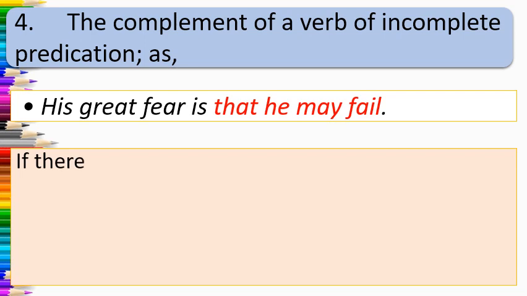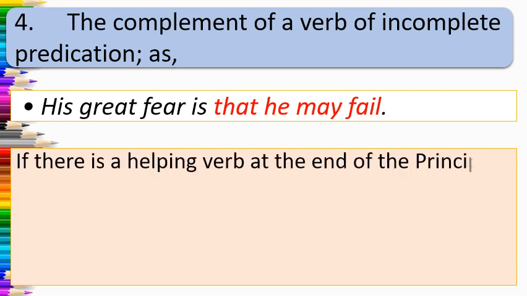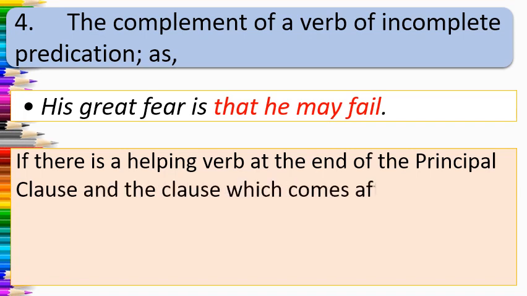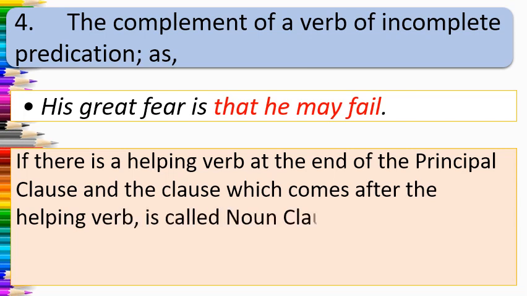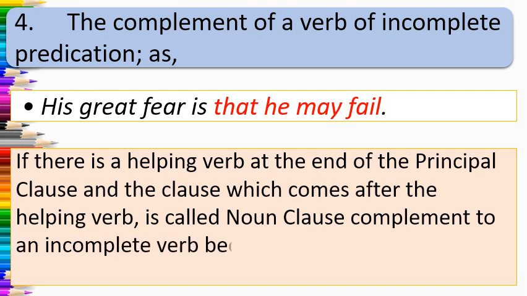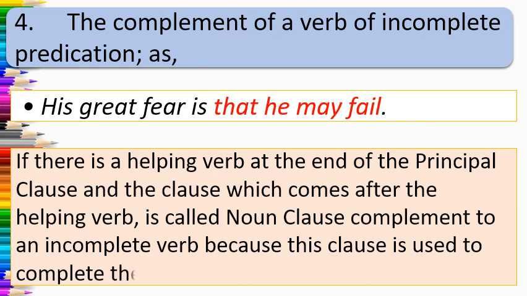Now, if there is a helping verb at the end of the principal clause, meaning "his great fear is", and as you can see, there is a helping verb at the end of the principal clause, that is "is". And the clause which comes after the helping verb, that is "that he may fail", is a dependent clause and it is coming just after the helping verb.